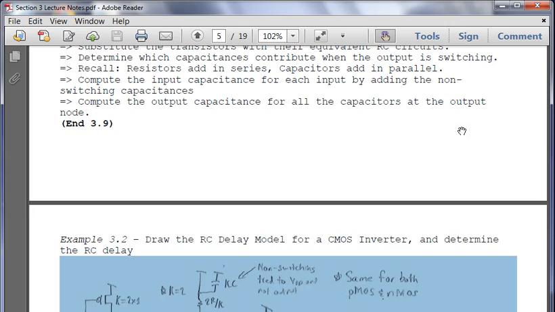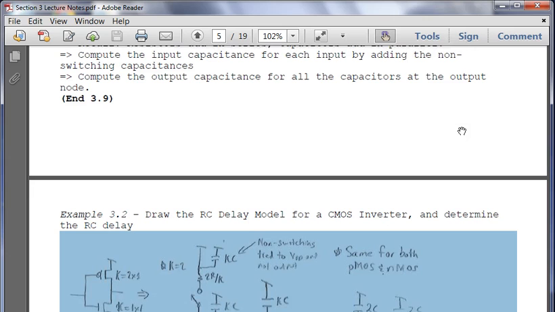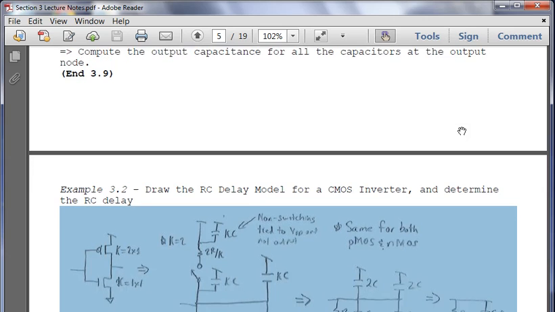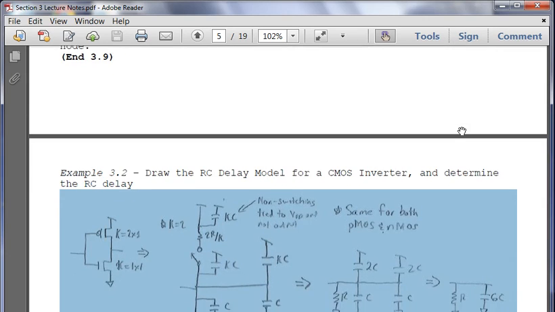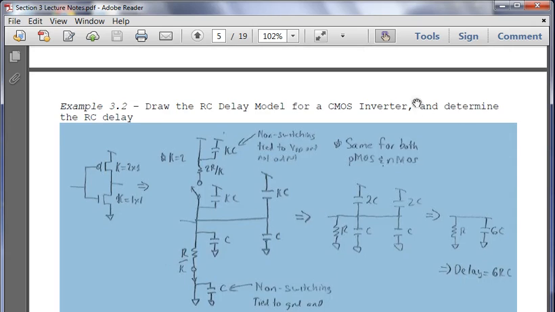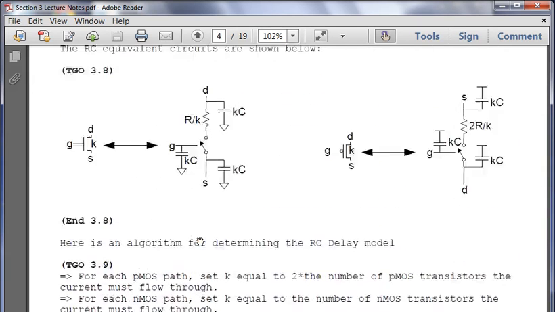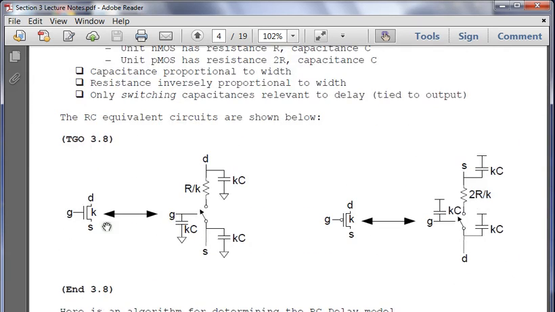And this becomes 2R over K, which becomes 2R over 2, which becomes R, just like we hoped. For the NMOS, we have the same: we have substituted this circuit here for the NMOS.